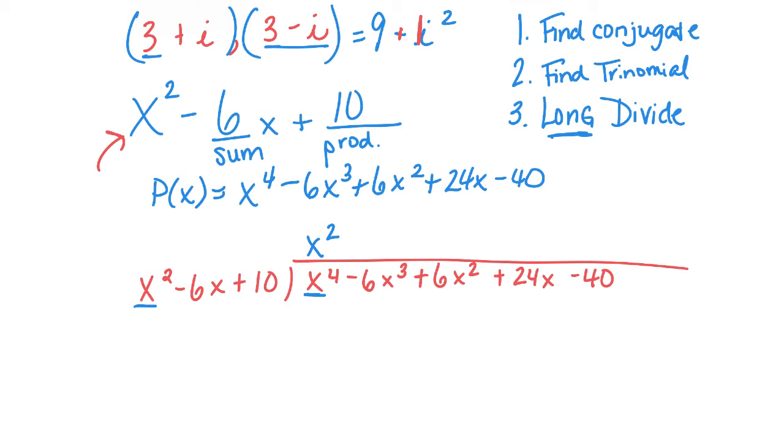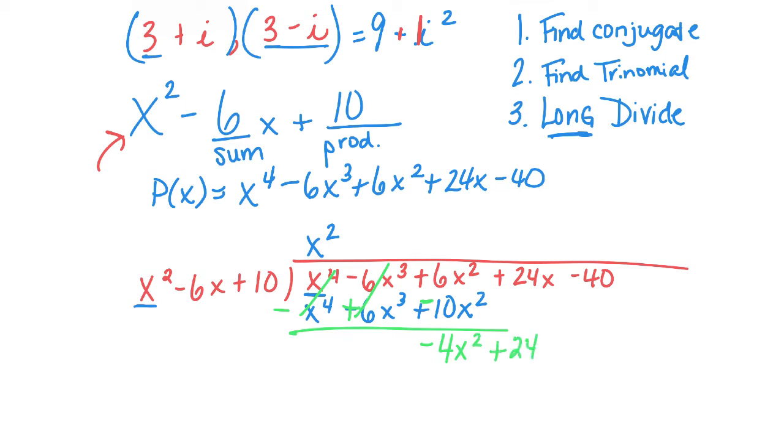So when I distribute that, I get x to the fourth minus 6x cubed plus 10x squared. But when I change all the signs, notice that 2 out of the 3 cancel out. Well, that's pretty convenient. And we get negative 4x squared, and I'm going to drop the 24x and the negative 40 because it is a trinomial.